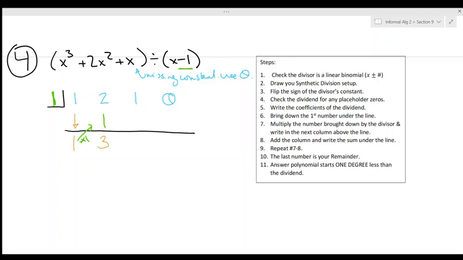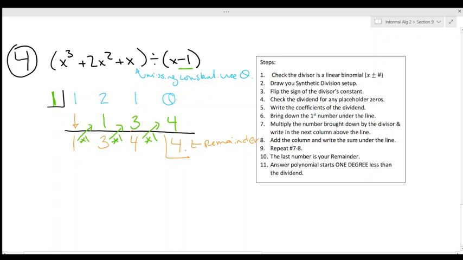So 3 times 1 is 3. Then we have 1 plus 3, which is 4. Then we have 4 times our synthetic divisor, which is 1. 4 times 1 is 4. 0 plus 4 is 4. Now this 4, what is it called? It's our remainder.